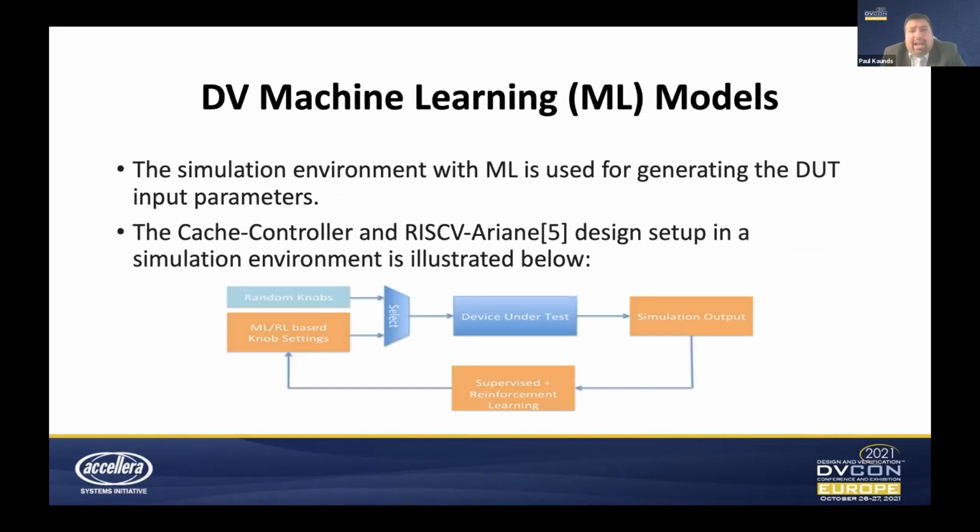One example I have taken here is just to illustrate the importance of AI. In that AI, I have taken a classification of ML just to start with. In the simulation environment in this example, we have the design under test, we have the random knobs, and we have the ML-based knob settings. And then we have a simulation output.